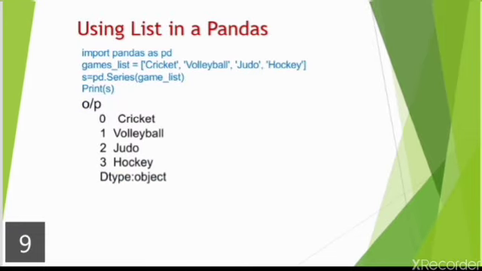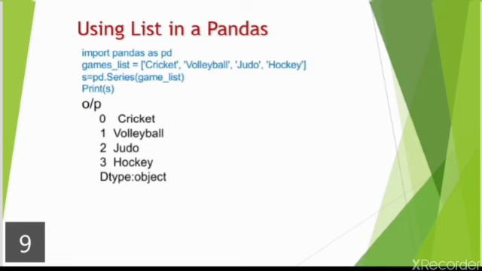See the first program using list in Pandas. If you notice here, the first line is import pandas as pd. Now the variable I have taken is game list, with cricket, volleyball, judo, hockey. S equal to pd.Series.